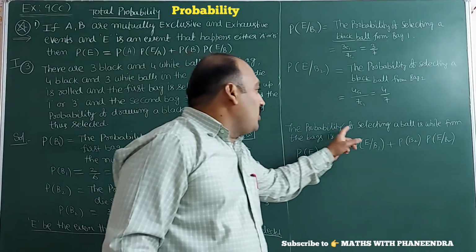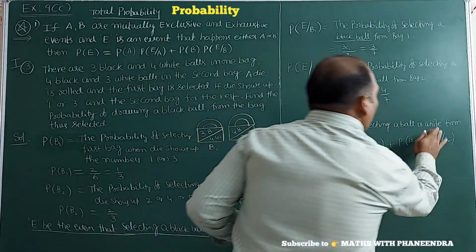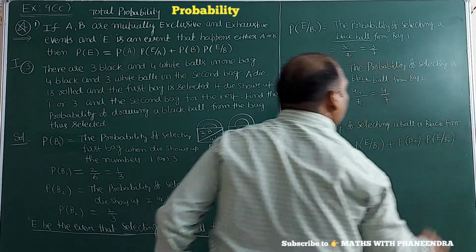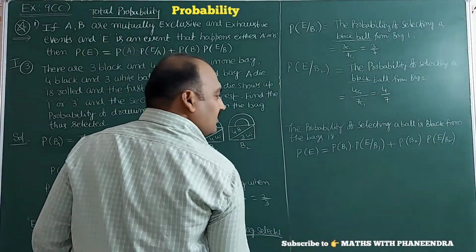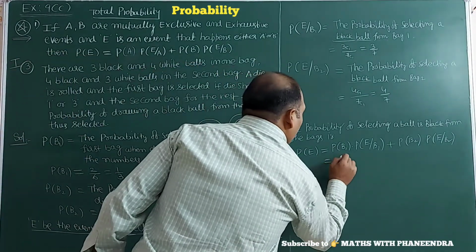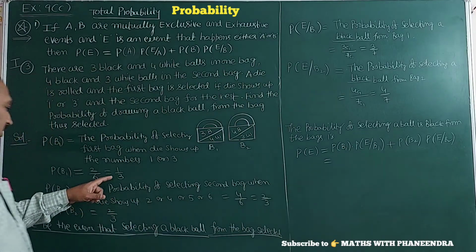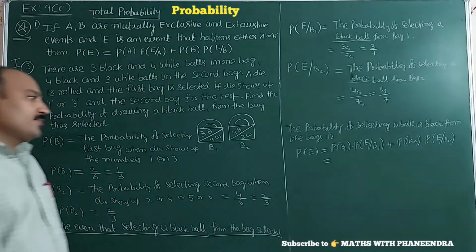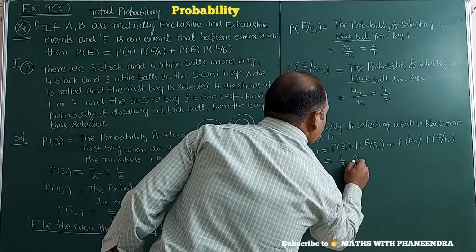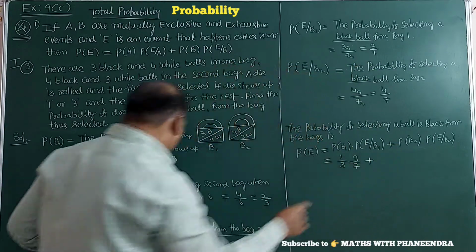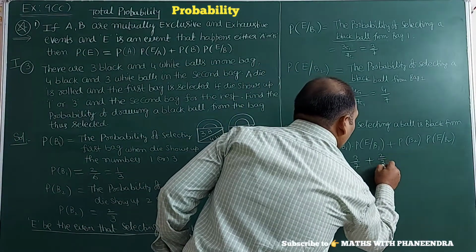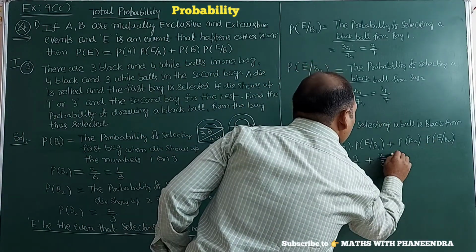After that, the probability of selecting a ball that is black from the selected bags. So P of E is equal to P of B1, which is 1 by 3, into P of E by B1, which is 3 by 7, plus P of B2, 2 by 3, into P of E by B2, 4 by 7.